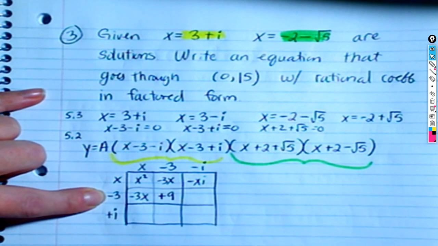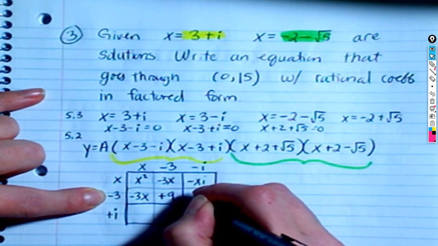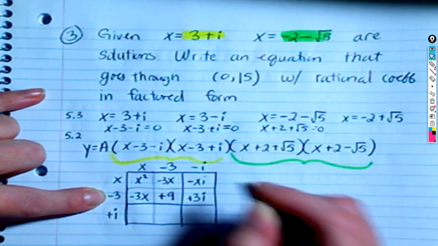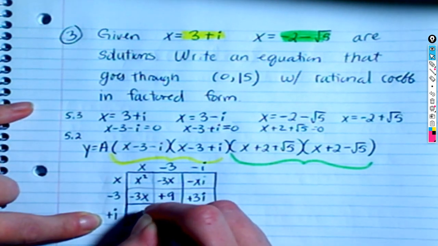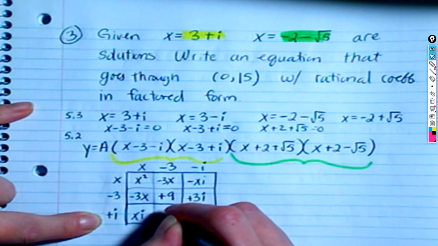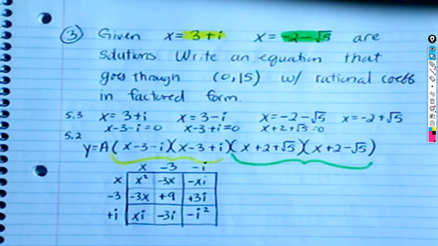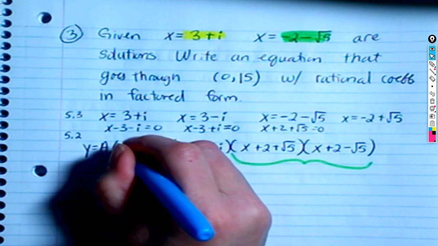I like to include my signs when they're positive. Minus minus is positive. I'm going to do a little highlighting here. This is kind of like FOIL. See this?